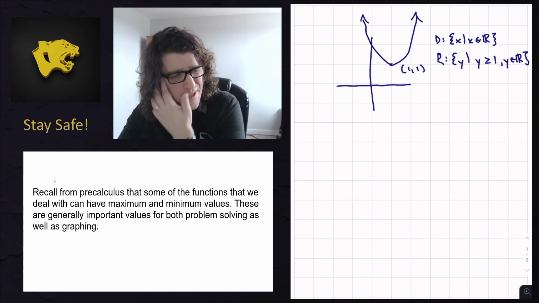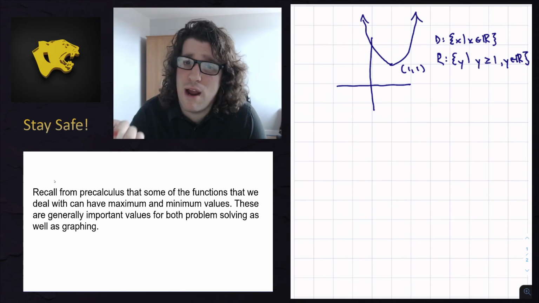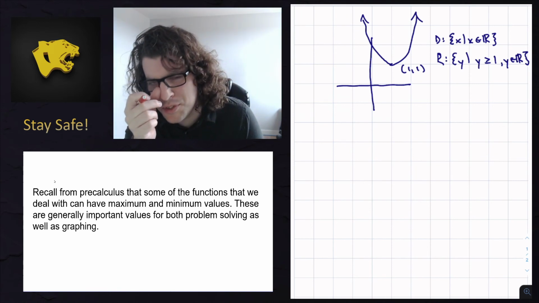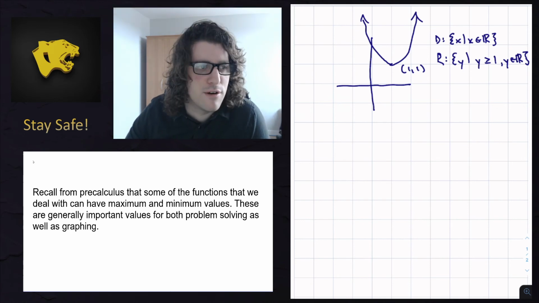So we're going to study this knowing that it's going to prepare us specifically for graphing and optimization problem solving. Those two things really go hand in hand and are married to this idea of extreme values.